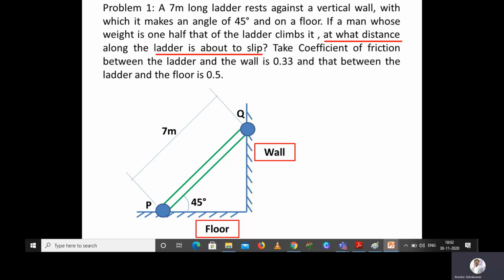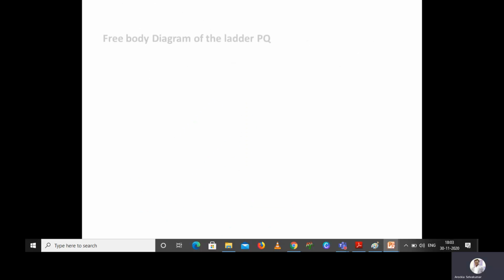Here the given condition is impending motion, and the man's weight is given as one half of the ladder's. So we can assume the ladder weight as W, then the man's weight will be W by 2. Anyway, we will solve one by one.